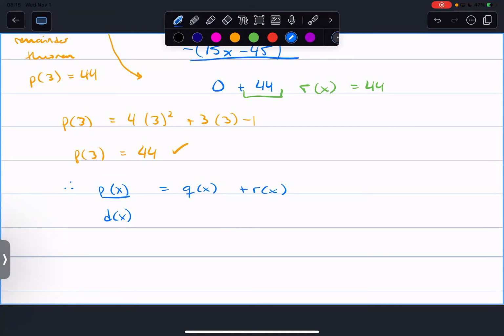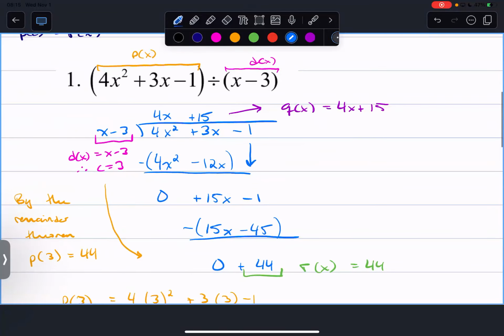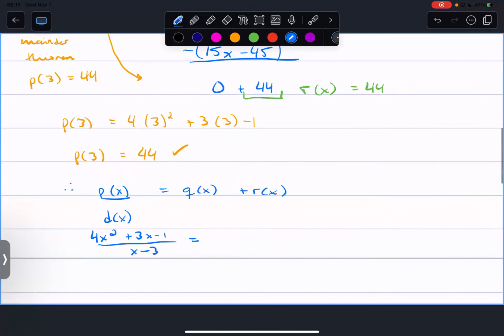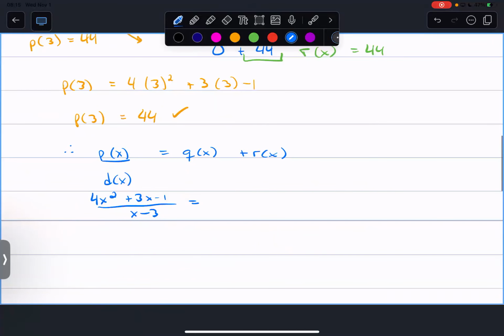So then, what's our p of x? 4x squared plus 3x minus 1. 4x squared plus 3x minus 1 divided by x minus 3 is equal to q of x, which is 4x plus 15. I'll put brackets around to show that that's one thing. And then plus the remainder, which is 44. Cool. That's a skill.